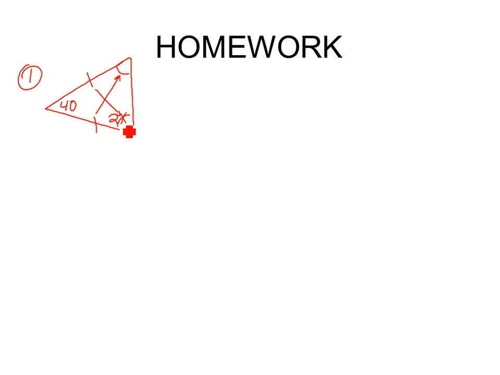This problem, I know there's one like this on the test and everybody misses it all the time. If I told you these two angles are congruent, this one's 2x, what's that one? 2x. So put it in there as soon as you know that.